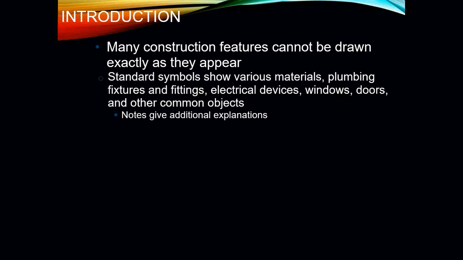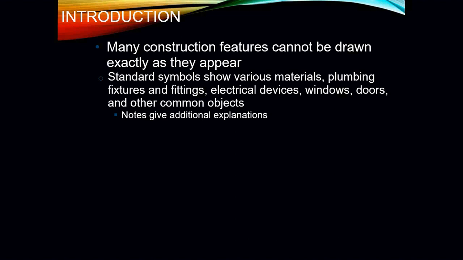So many construction features cannot all be drawn exactly as they appear. If they did, it would take up a lot of room and space on that piece of paper. So we have developed standard symbols to show these various materials. These symbols can represent your plumbing fixtures, your fittings, any electrical device, such as your outlets and your switches.